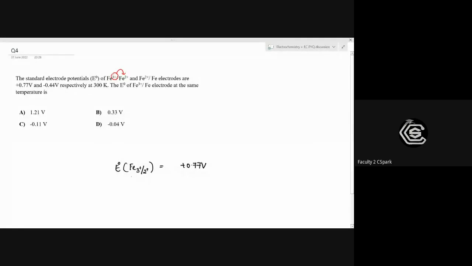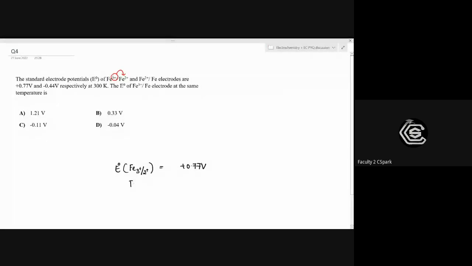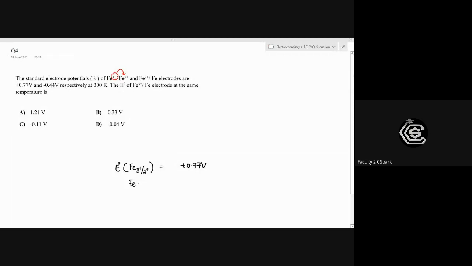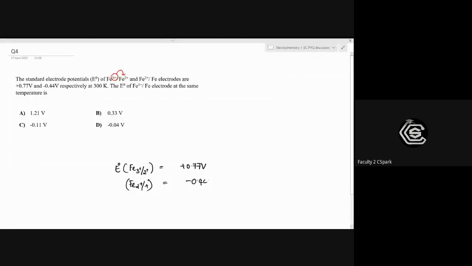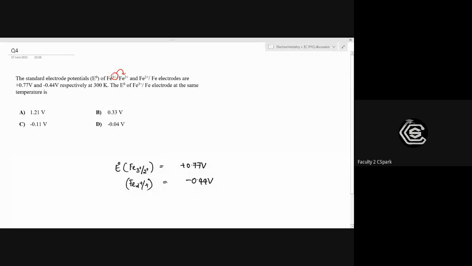And also they have given the reduction potential when Fe is changing from 2+ to Fe. That is minus 0.44 volt. What they are asking is the reduction potential when Fe3+ is being converted to Fe. So we'll check that. It is a Latimer diagram.